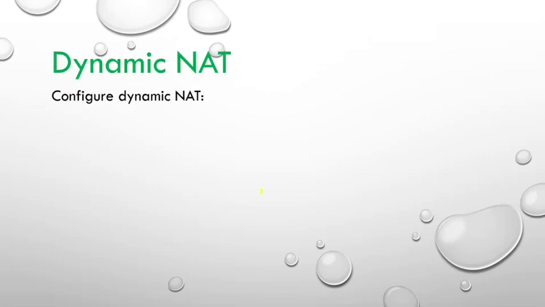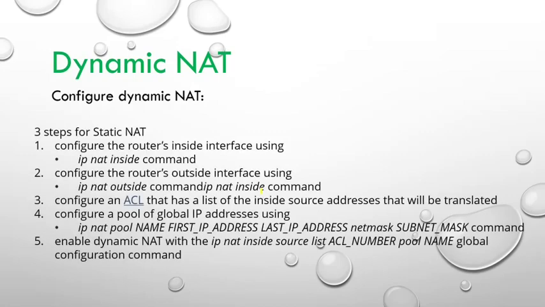So, configuring dynamic NAT, there are 5 steps. In this case, the access control list is included because, of course, the list of the inside source addresses must be translated. Okay? So, first, configure the inside interface of the router, and then the outside interface, and then yung ACL na sinasabi ko, and then also configure a pool of global IP address. No? Si router na bahala dito. No?